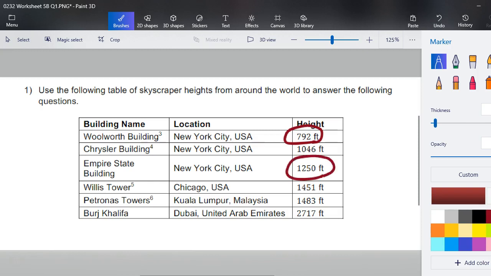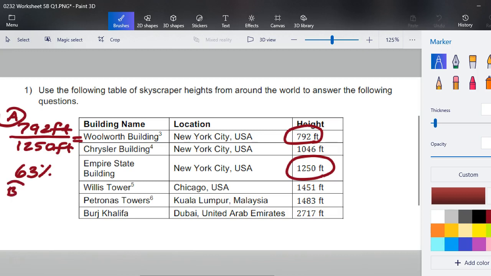Our reference value, and we're working on part A, is that we're going to write this in reference to the Empire State Building. The height of the Woolworth Building is 792 feet. When we divide and multiply by 100, we get 63%. So the Woolworth Building is 63% of the height of the Empire State Building.